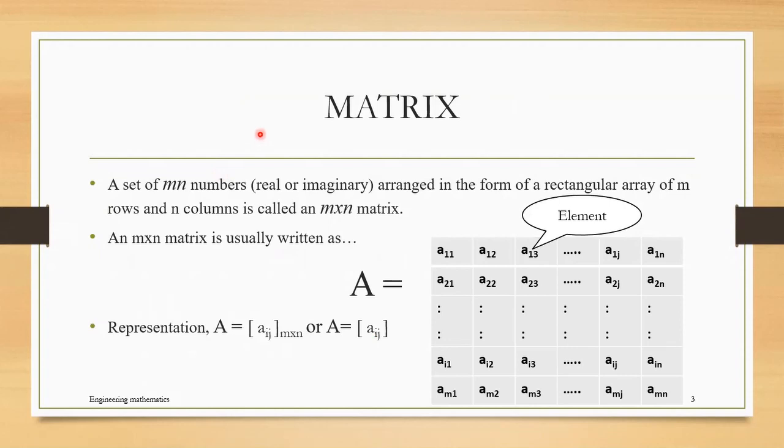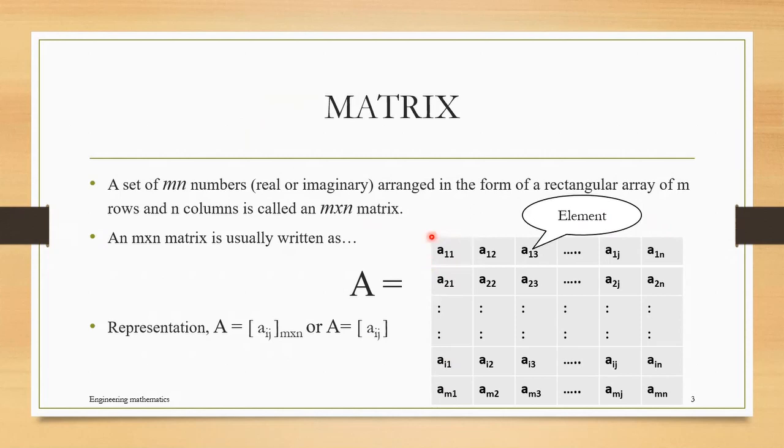So what is a matrix? A matrix is a set of mn numbers, either real or imaginary, arranged in the form of a rectangular array of m rows and n columns, called an m into n or m by n matrix. An m by n matrix is usually written as shown on the right. Here this is called the array.